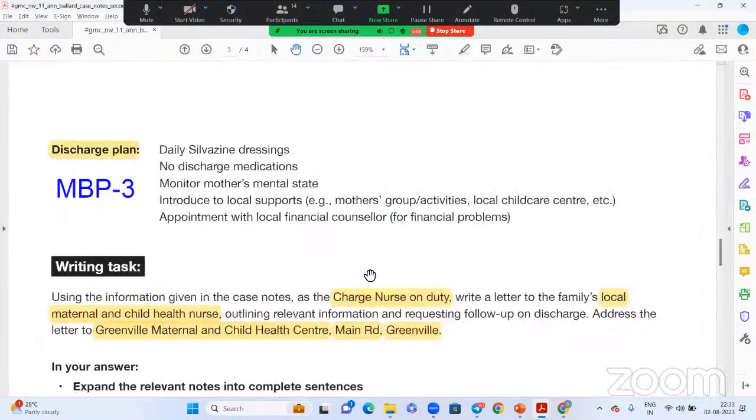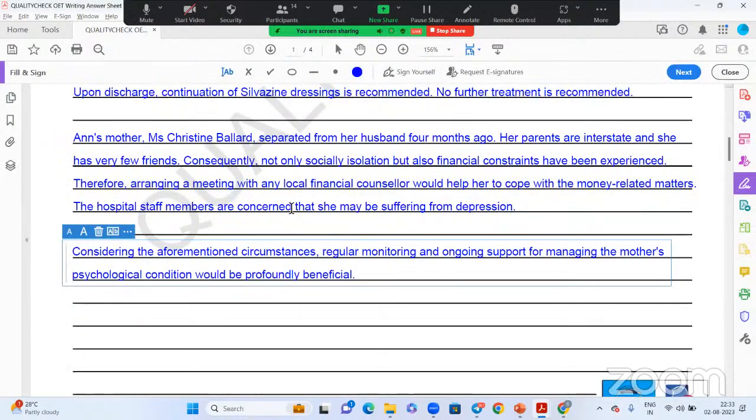The next one is, now here, local support groups, introducing her to local support groups. Most importantly, or additionally, we have already used.